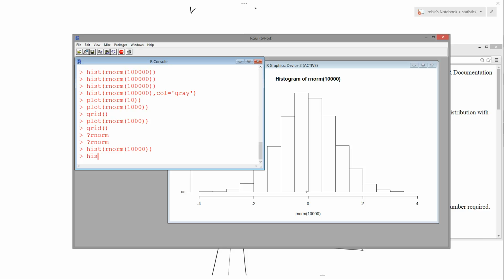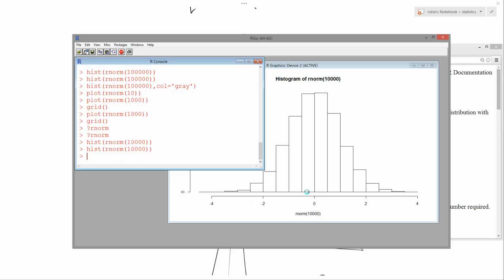It's picked up the mean of 0 from the help page, so the mean is accurately equal to 0 here. Now what I'm going to do is to change the mean to 5.